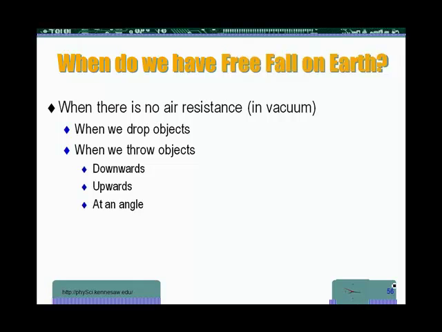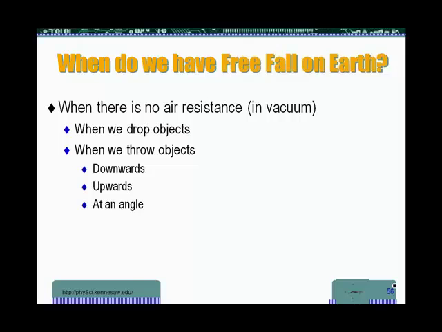For example, the motion of a billiard ball dropped is not going to be affected very much by air resistance while it is falling. And we can easily say it is in free fall. It is approximately in free fall.